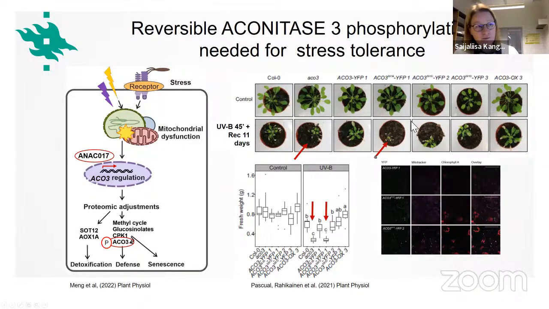So how come it was performing worse than the aconitase overexpressor lines? And then we were thinking that it is really reversible phosphorylation that is required for the stress tolerance. So the protein must be able to undergo a phosphorylation, but a point will come when it also needs to be dephosphorylated, so that it is an on-off kind of regulatory action that is taking place.